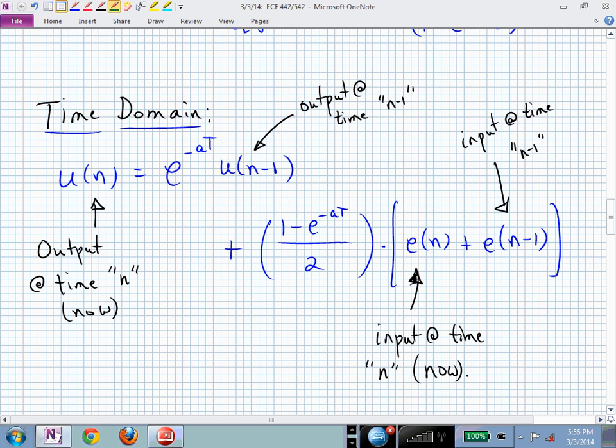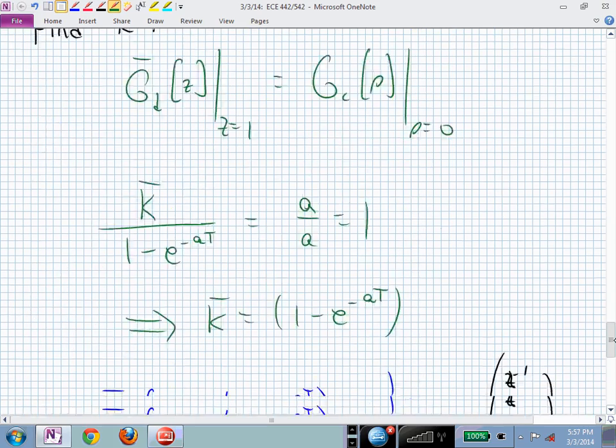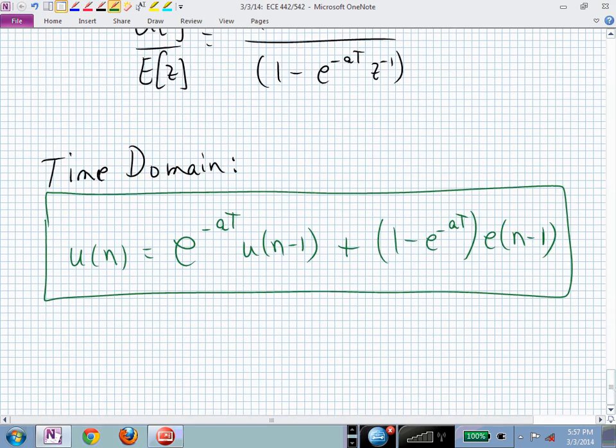So if these converged to an equal number, then this is going to look the same as that. But until they become equal, this one now is going to be different, and we don't have to have the present input value to generate the present output in this second implementation constrained approach. And that was because we then removed one of those z plus 1 factors.